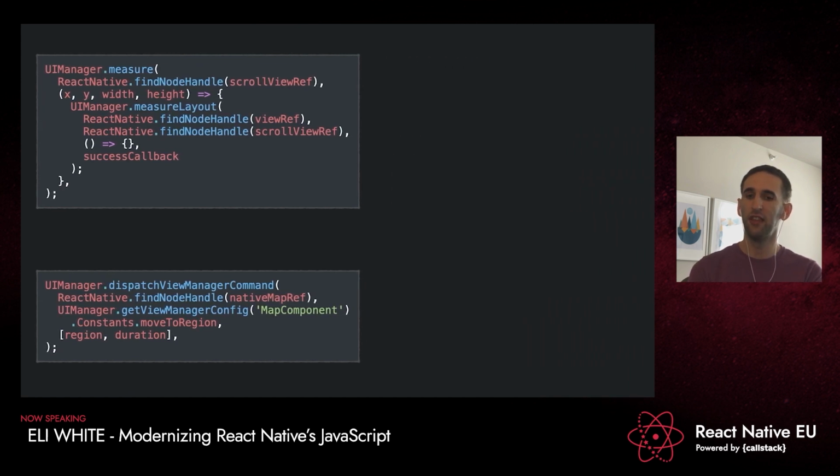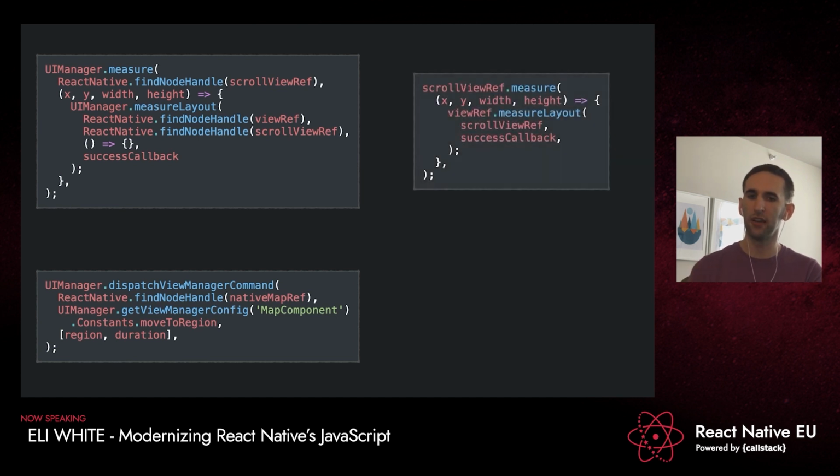For measure, there's an API that's existed for a couple of years, and most code uses this. So now we're just making sure that when you need to measure something, you don't call the UI manager directly. Instead, you call ref.measure and use the much nicer, simpler API. This ref.measure API has existed for a long time, and we're just getting rid of the uncommonly used path.